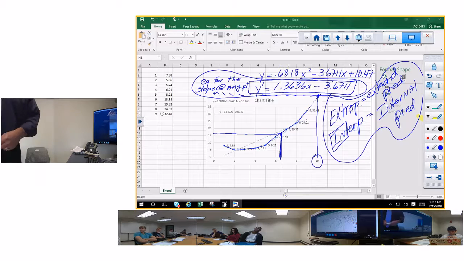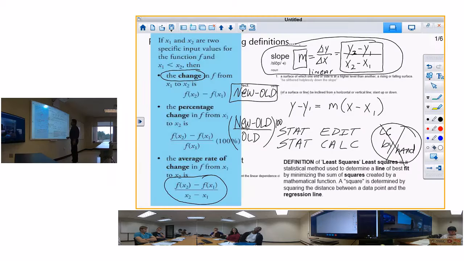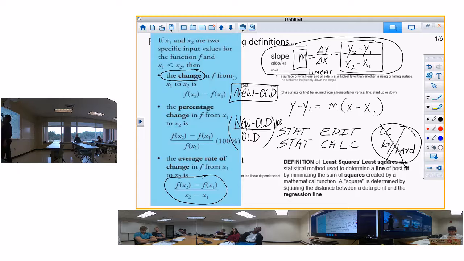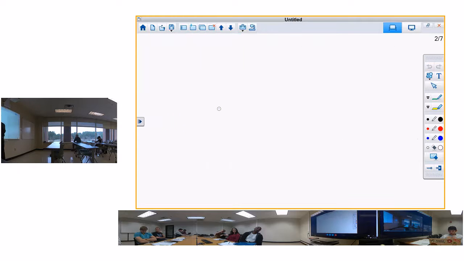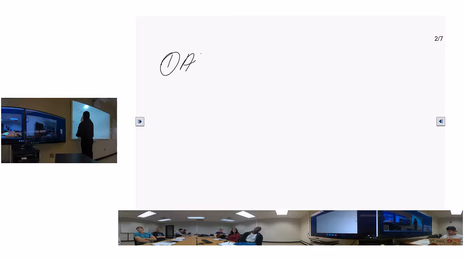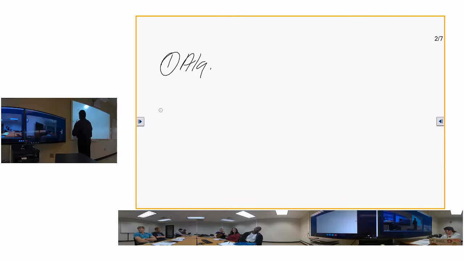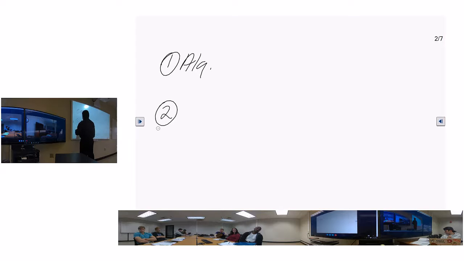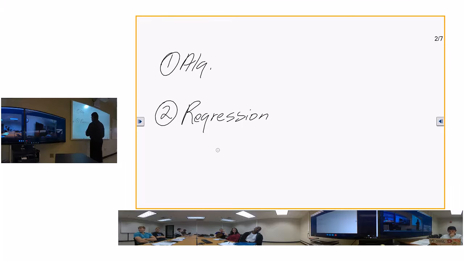And if you want to condense it, and sometimes this helps. This is what you're doing. All right? One, you've learned the algebra. Then you're basically putting regression in here. You've done the algebra review.